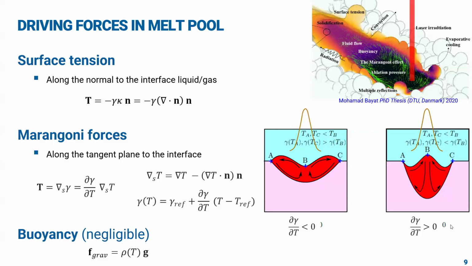And conversely, if you have a surface tension that increases with temperature, surface tension will be maximum in the center, so this will create flows towards the maximum surface tension, and then because of conservation, flows going deeper in the material and creating a deep melt pool. Okay.